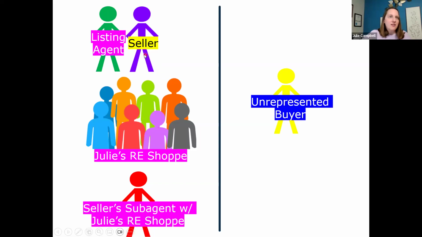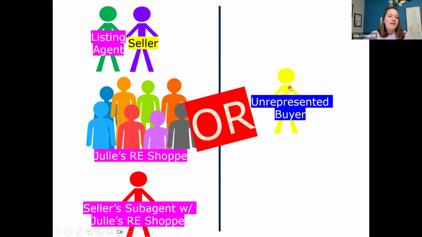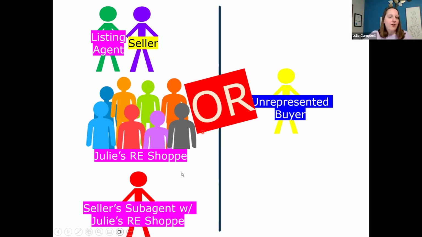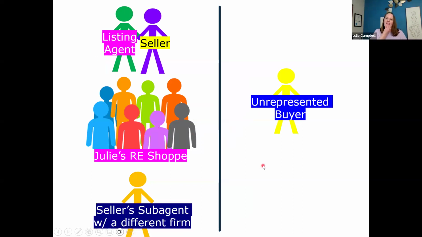Is it in your seller's best interest to assist this buyer to get him to close so the seller can sell? Anything you do, everything you do is for the best interest of the seller, not the buyer. They chose to go unrepresented. So there's one scenario where the seller sub-agent is with Julie's Real Estate Shop.